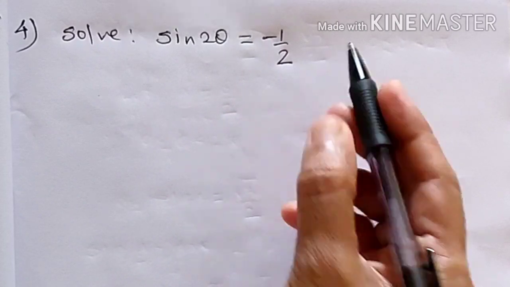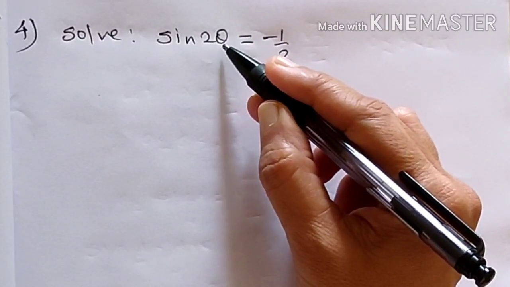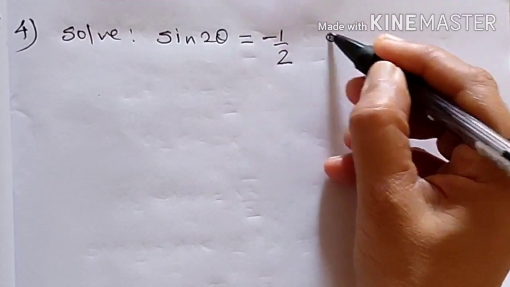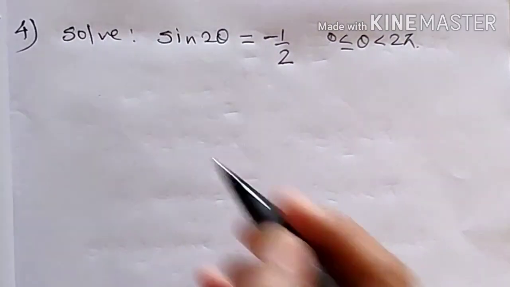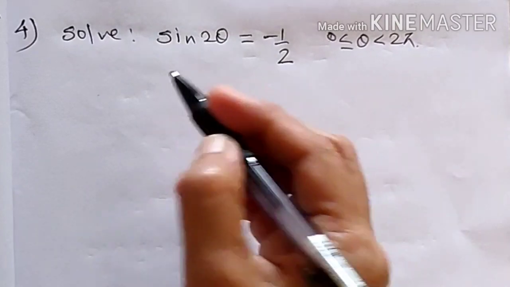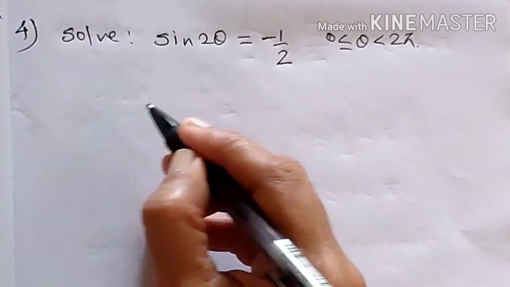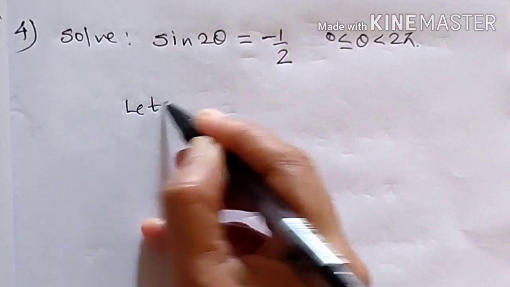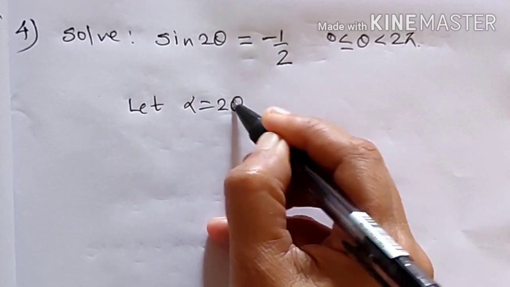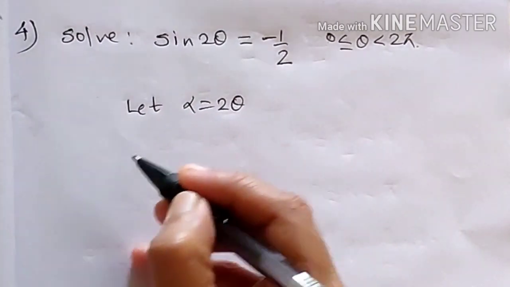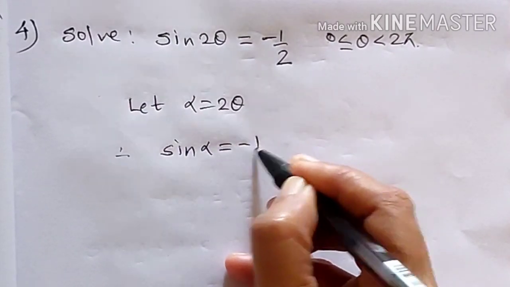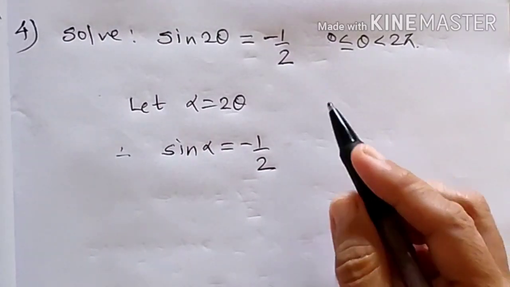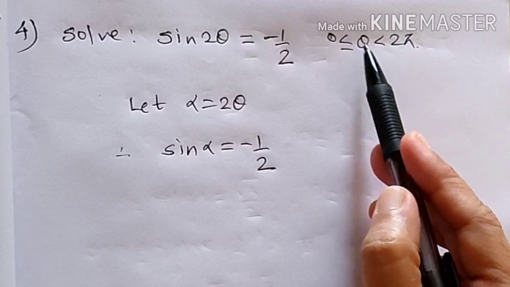So we know that theta lies between 0 to 2 pi. Let's consider, like the previous case, alpha equal to 2 theta. Therefore, here we have sine alpha is equal to minus half, where alpha lies between.